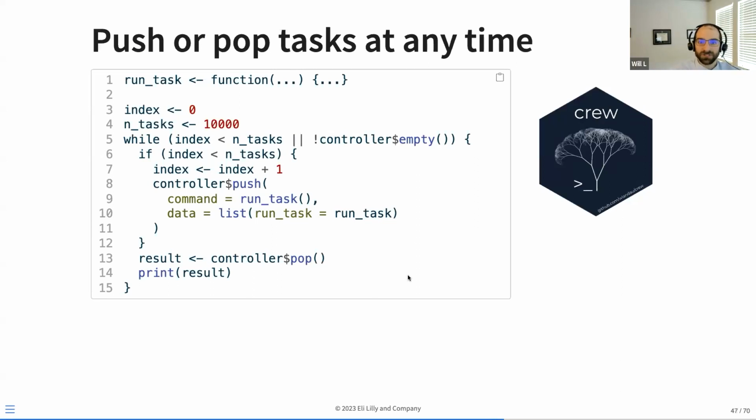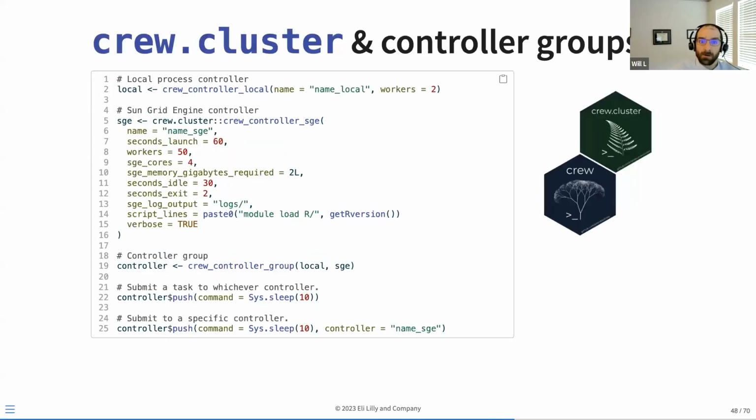So you can push and pop individual tasks through a loop like this. You might naturally find yourself in a loop like this when you're running a Shiny app.